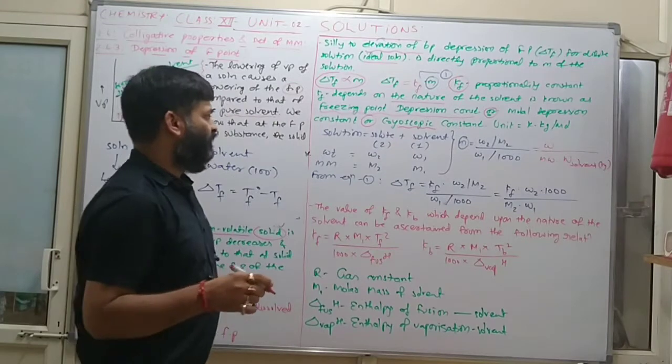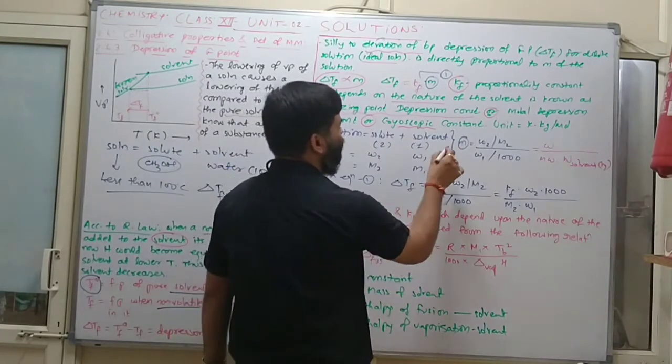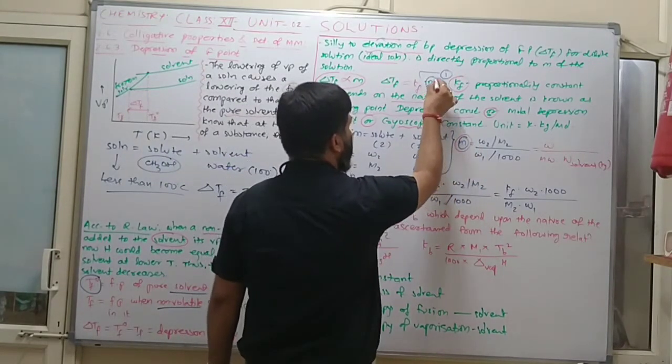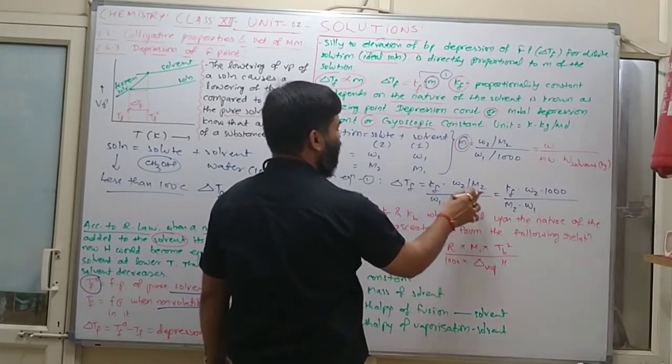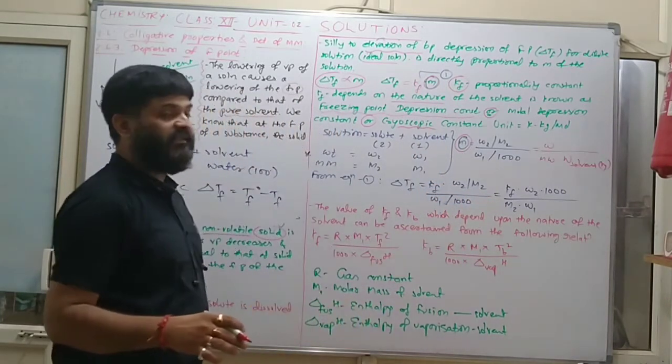Clear? तो now delta TF, we are putting the value of this molality here, so the final formula will be this one.